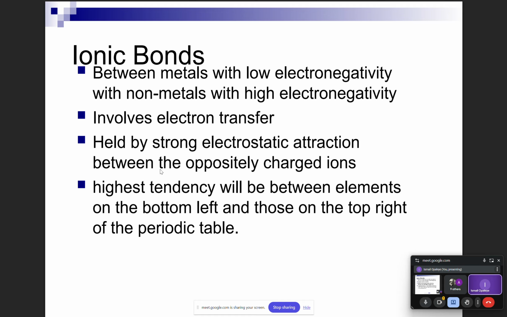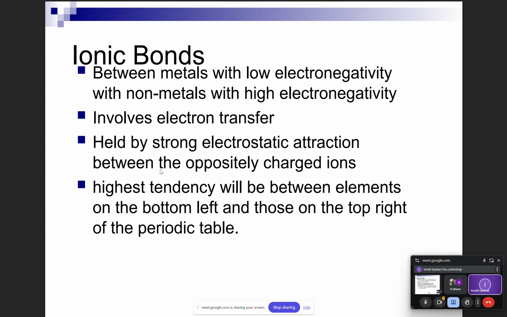And also, the highest tendency will be between elements on the bottom left and those on the top right of the periodic table. I don't know if anyone understands what this is trying to say.